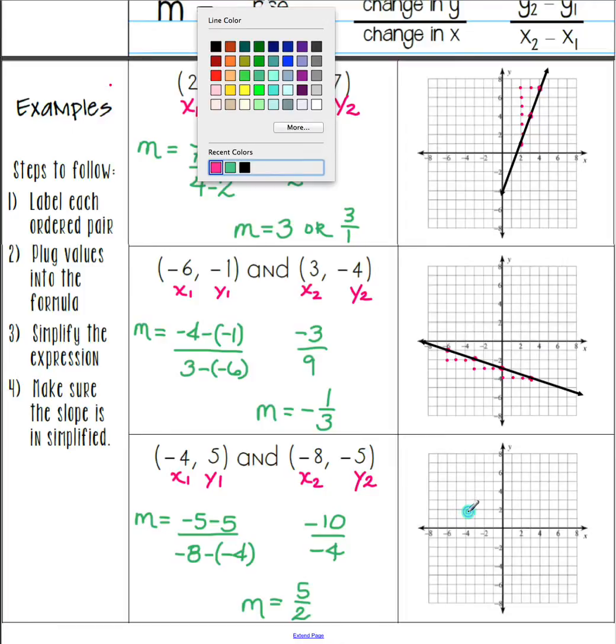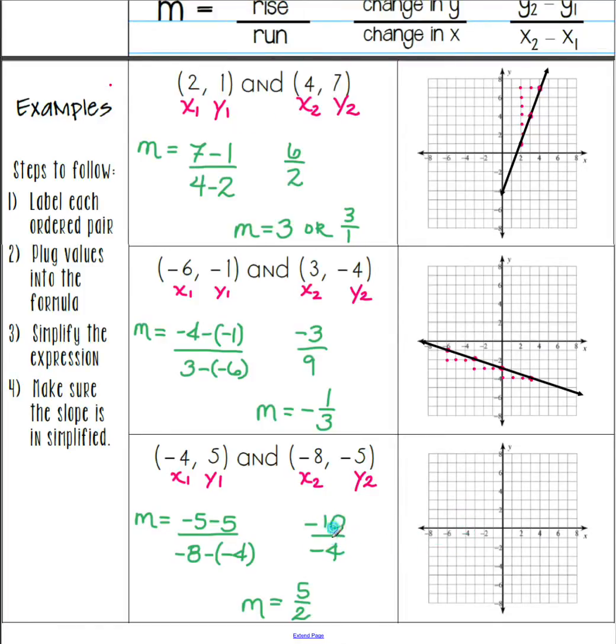So when we plot our points, we should be able to see how these two negatives become a positive slope. So (-4, 5) and (-8, -5) here.